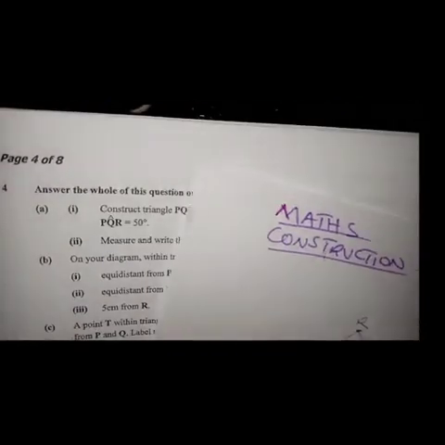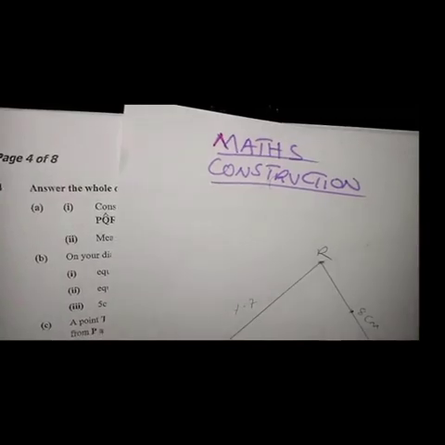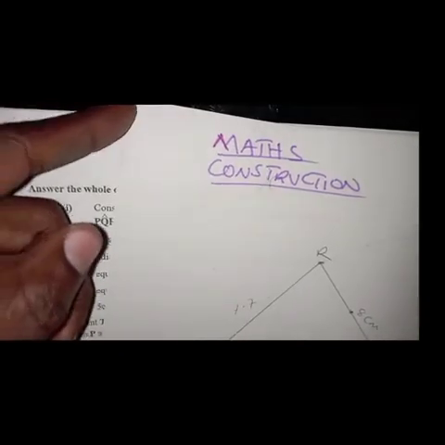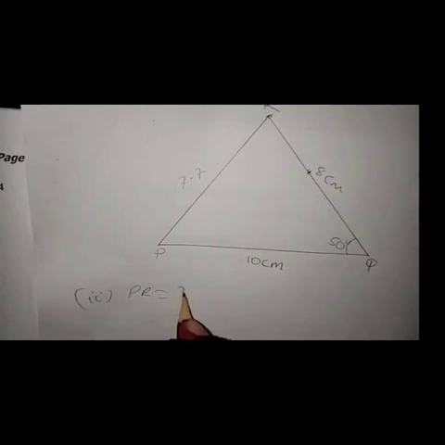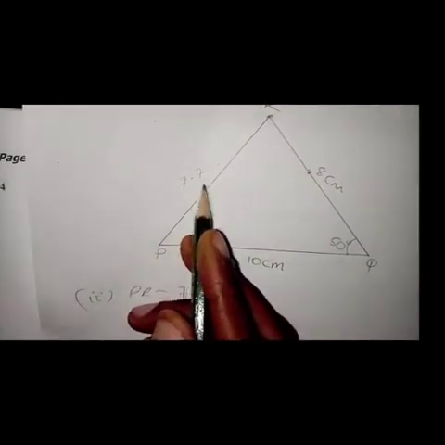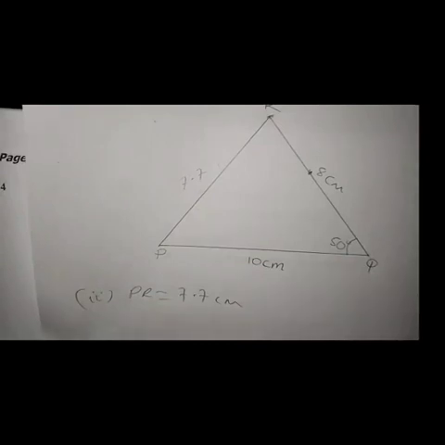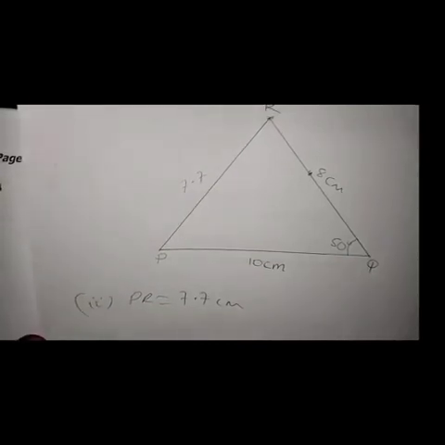Better I write down here. Question 2. PR is 7.7 centimeters. There are some people can get 7.6, some can get 7.8, whichever. There's two marks, it is within the range.